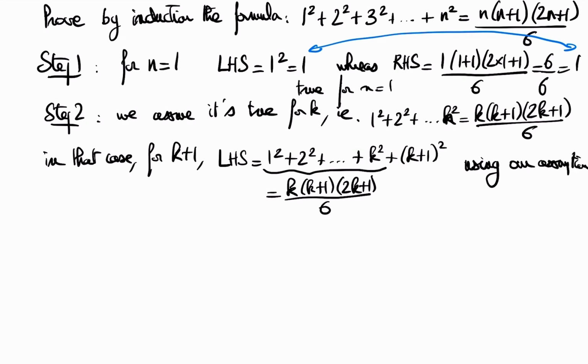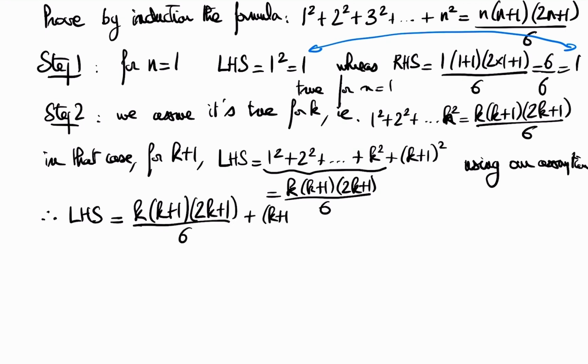So therefore the left-hand side is equal to k times k plus 1 times 2k plus 1 over 6 plus k plus 1 squared. Okay, so we can simplify that by factorizing by k plus 1.